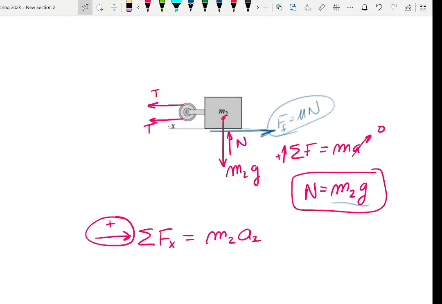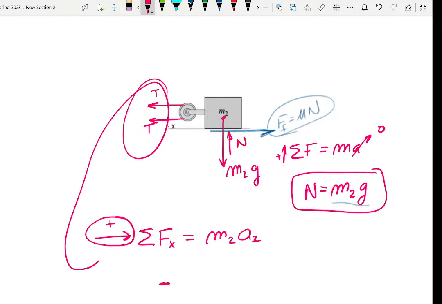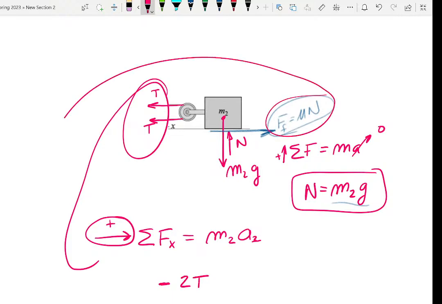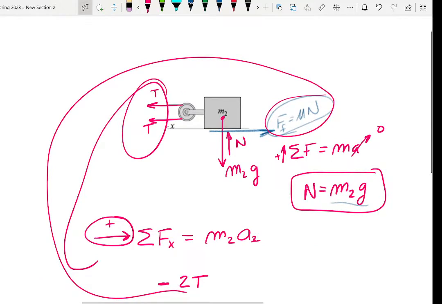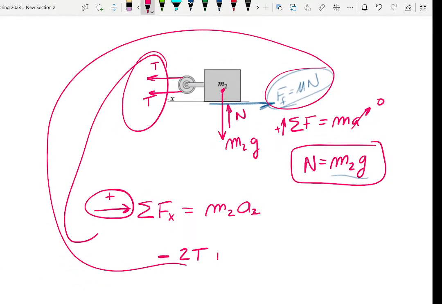And what you see is two of these that are going to the left. And if you had friction, you'd see that. And that's given, well, okay, T plus mu times N is equal to M2 A2.